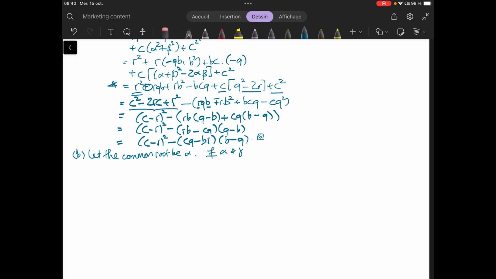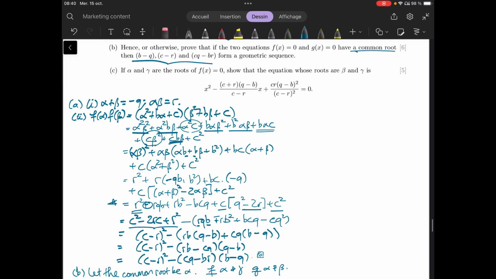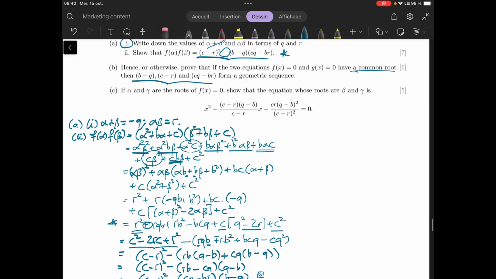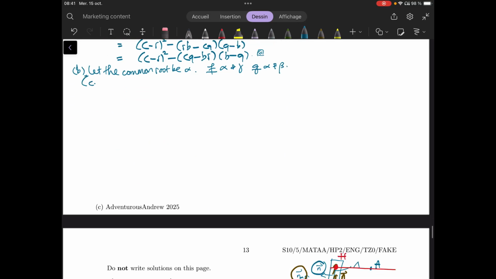So the roots of f are alpha and gamma, and the roots of g are alpha and beta. We need to show that these three terms form a geometric sequence. In other words, we want to prove that c minus r squared is equal to cq minus br, b minus q.